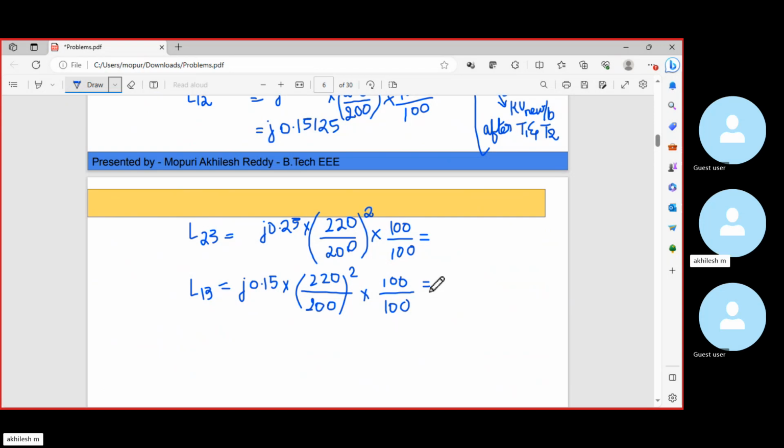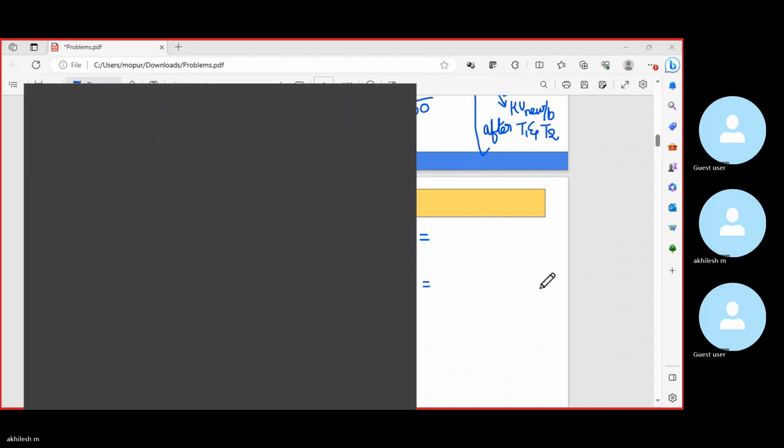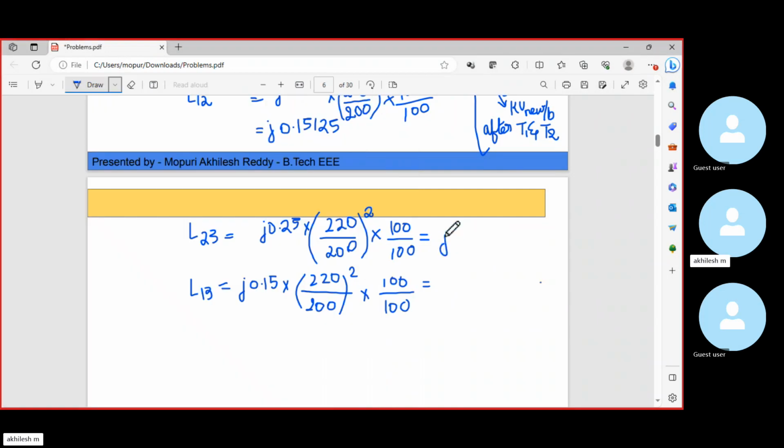What value are we getting if we do this? This is 1.1, and 1.1 whole square is 1.21, so j0.3025.